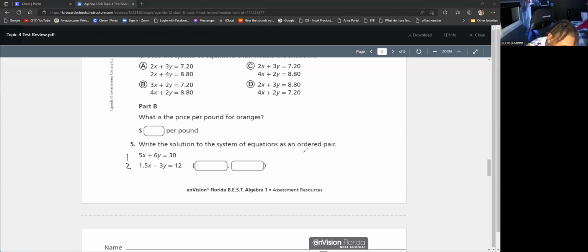Does it have to be the first two numbers? No, you could match up the y's, or you can match up the x's, doesn't matter. Multiply the y by 2. Take number 2 and multiply by 2. So take the second equation and multiply by 2.